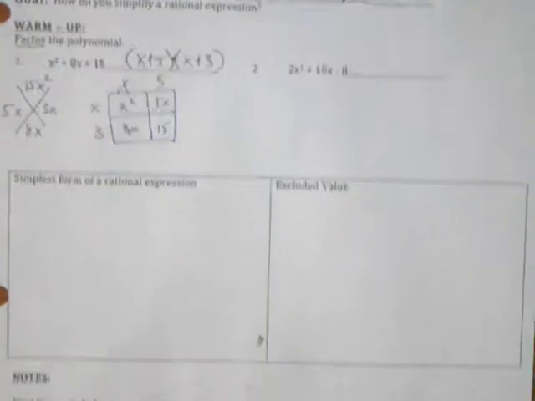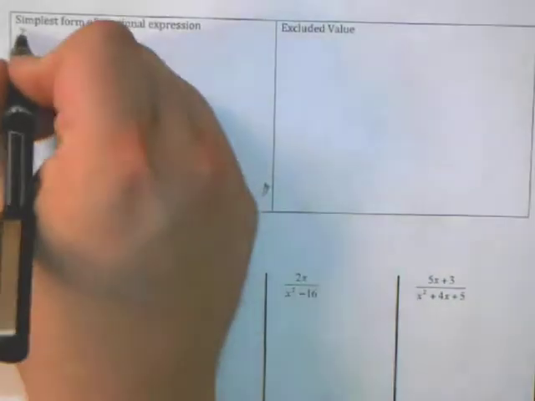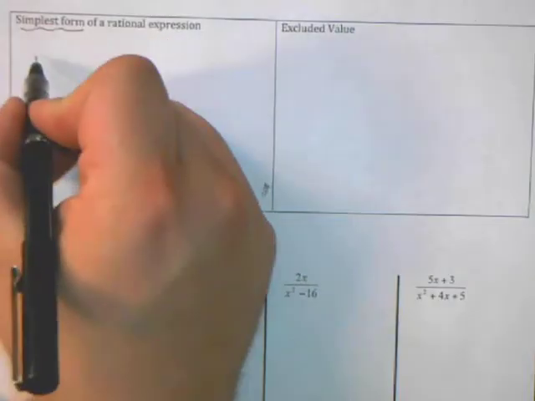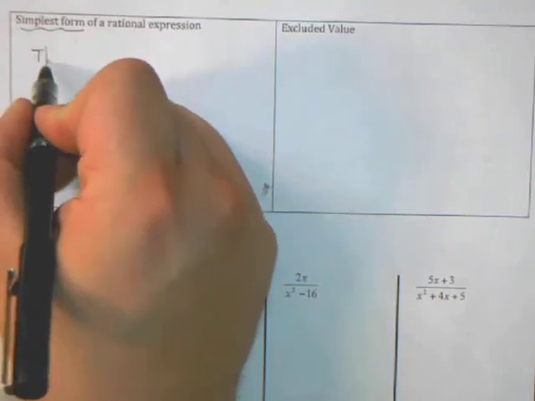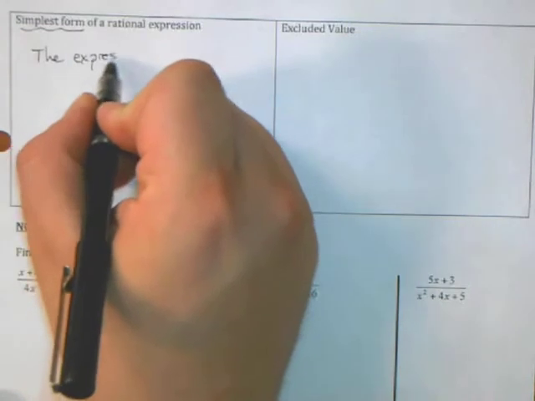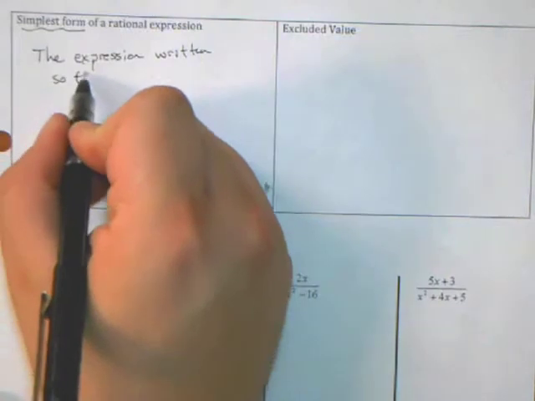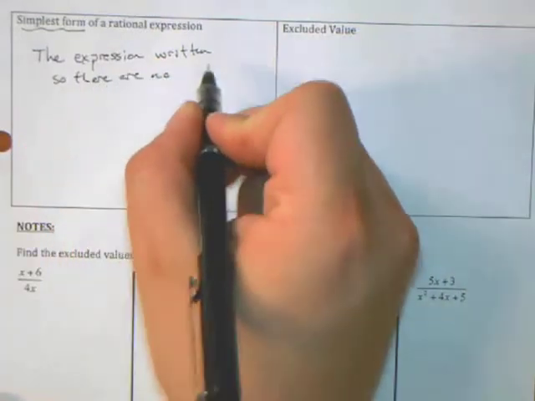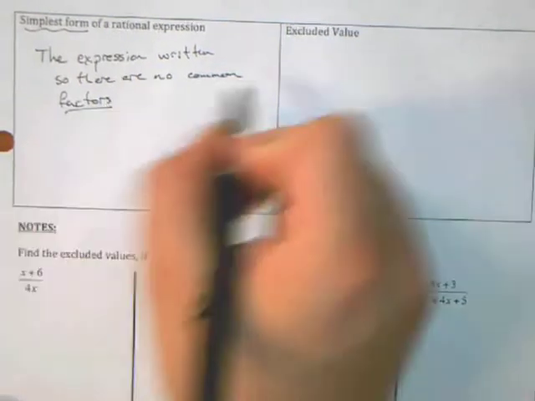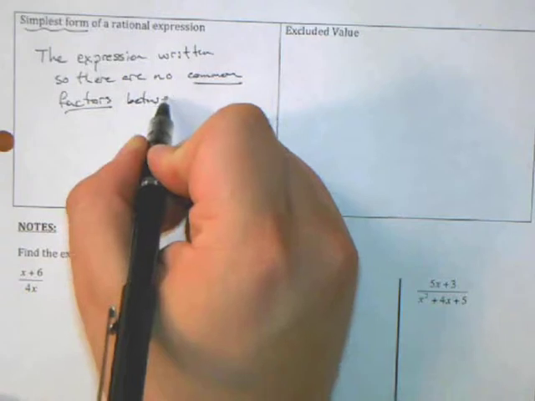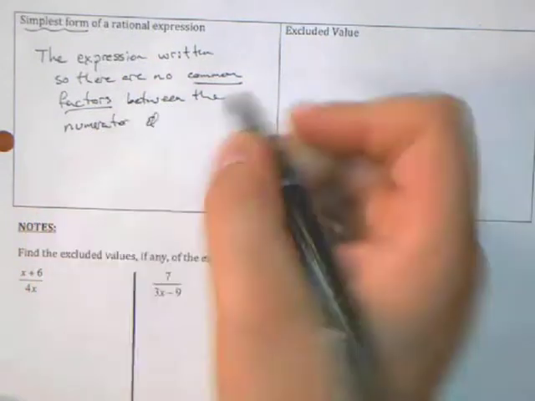We have two big concepts here. The simplest form of a rational expression will be the expression written so there are no common factors between the numerator and denominator.